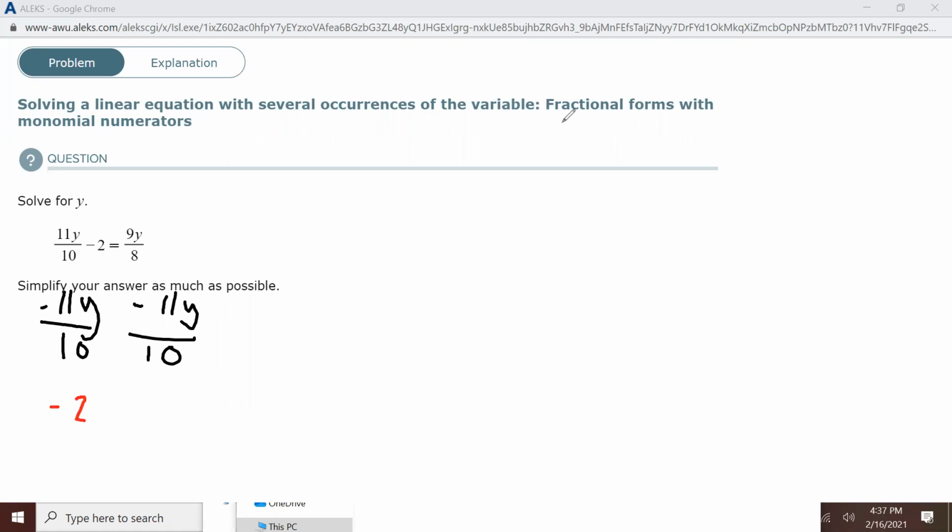That leaves me negative 2 on the left side of the equation. And on the right side, I have 9y over 8 minus 11y over 10.